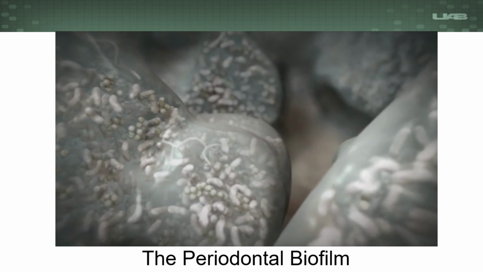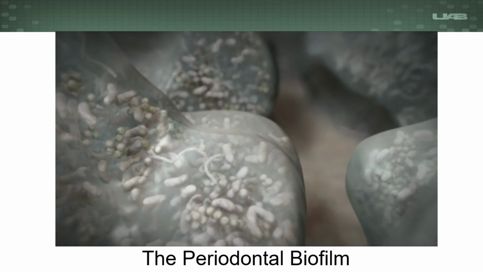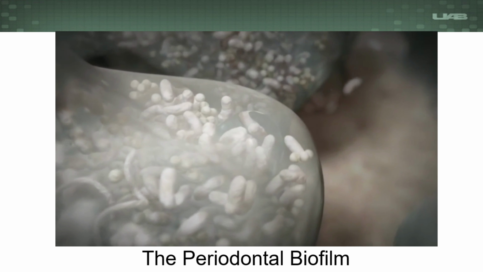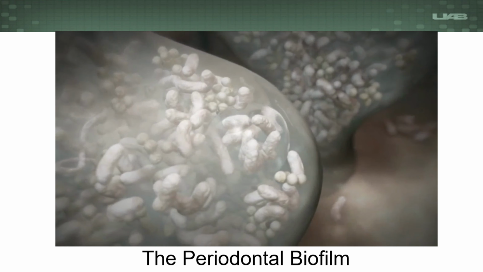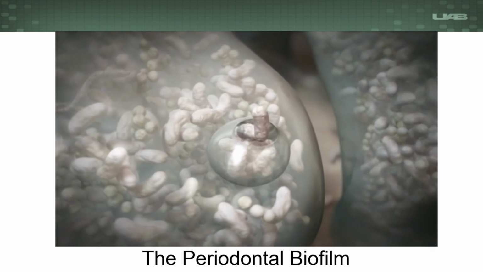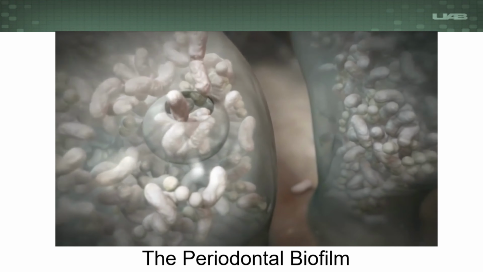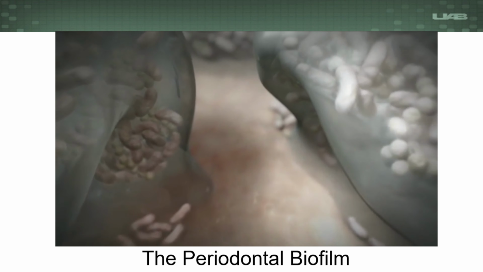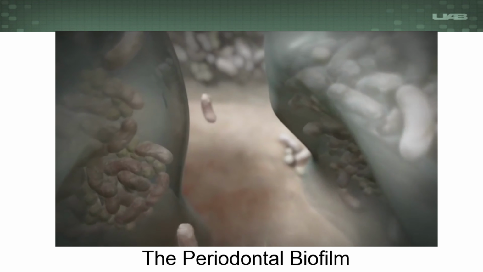If this biofilm is not mechanically disrupted, for instance, rinsing with an antimicrobial mouth rinse will have no effect on anything with the disease. So this is the slide that tells you that rinsing with an antimicrobial mouth rinse does not affect an established biofilm.